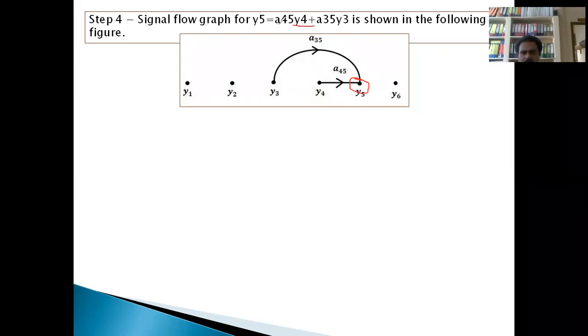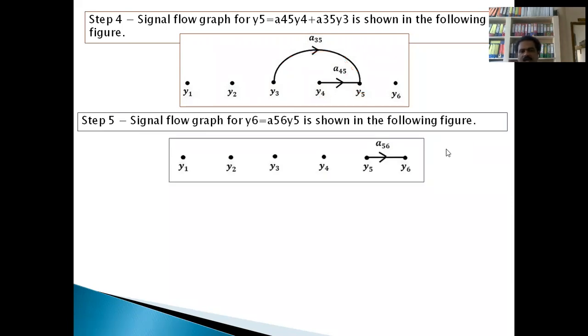So Y4 is multiplied with gain; this is input multiplied with gain, we will get output, which I have represented in this fashion. Then A35 is multiplied with Y3, from Y3. So one more branch, you will get Y5. So input multiplied with gain, you will get output Y5. So that is the signal flow graph for the next equation.